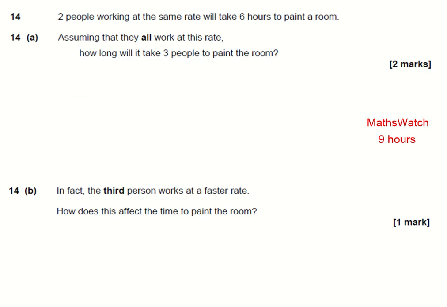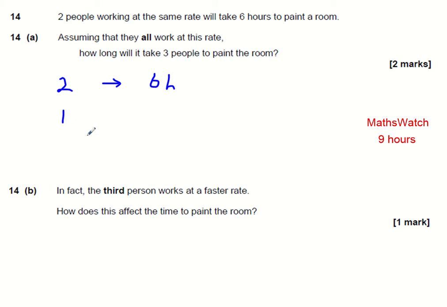Question 14. 2 people working at the same rate will take 6 hours to paint a room. Assuming that they all work at this rate, how long will it take 3 people to paint the room? This is a question on inverse proportion. If 2 people take 6 hours, imagine how long the job would take if only 1 person was doing it.